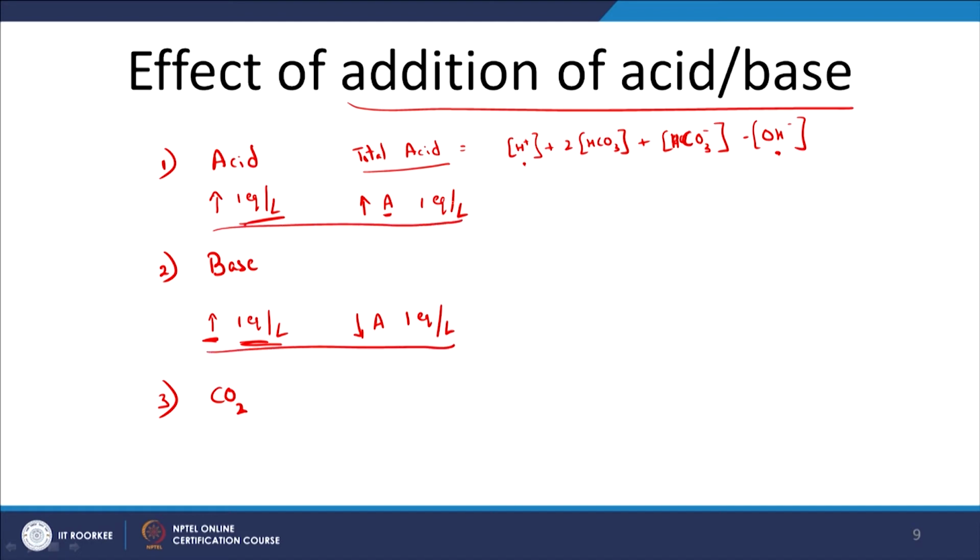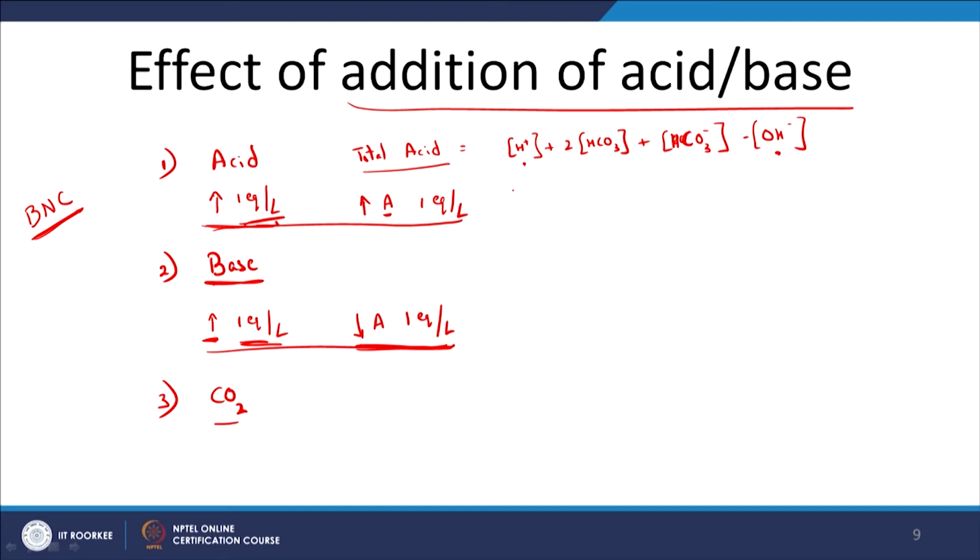Again, we need to understand that acidity is nothing but base neutralizing capacity, right. So if you increase the concentration of your acid, you have more compounds that can neutralize your base. But if you are adding a base, an extra load on your system, you are decreasing the acidity, or the ability to neutralize a base. So let us try to apply that with respect to CO2.